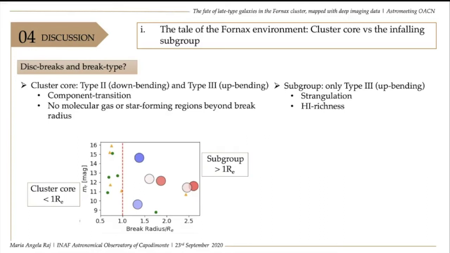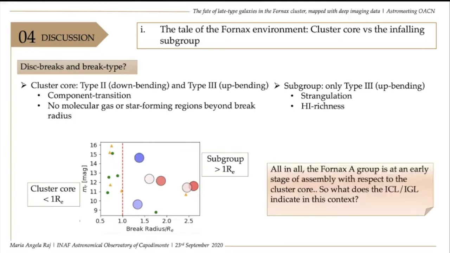Beyond the break radius there are no star-forming regions and no molecular gas, and some of these galaxies also resemble lenticular systems. And the galaxies in this subgroup are mostly young, suggesting that the environment is at an early stage of assembly with respect to the cluster core.